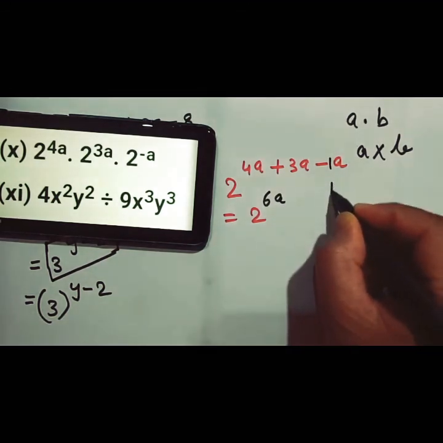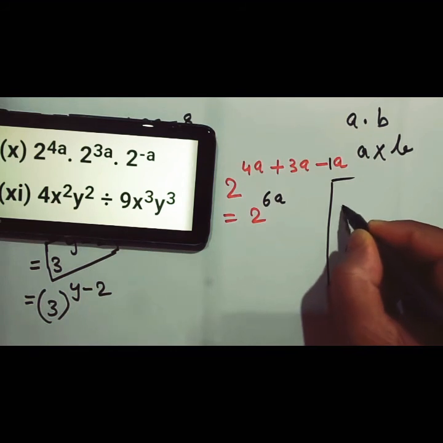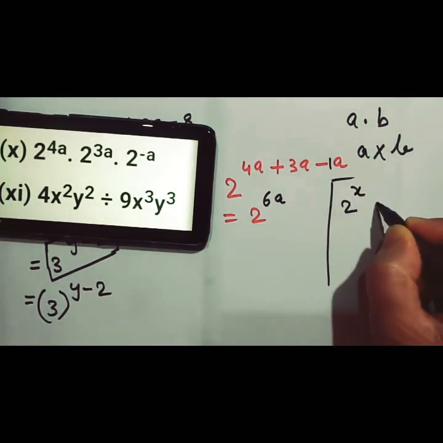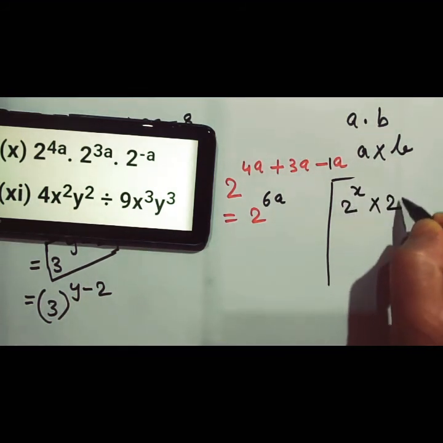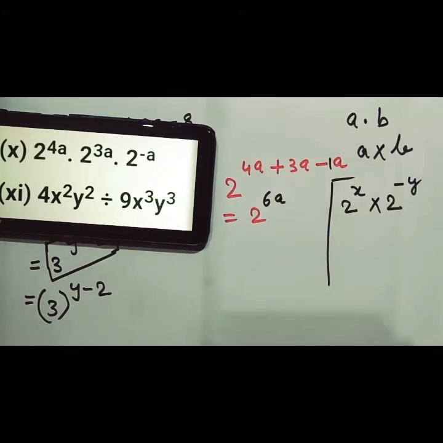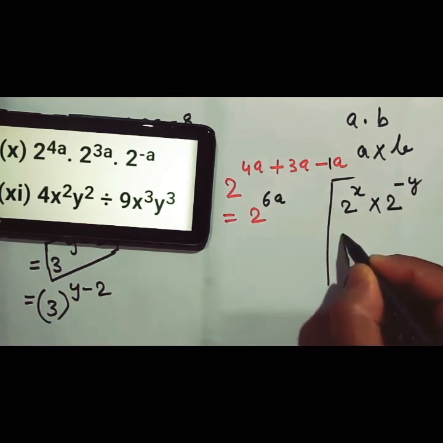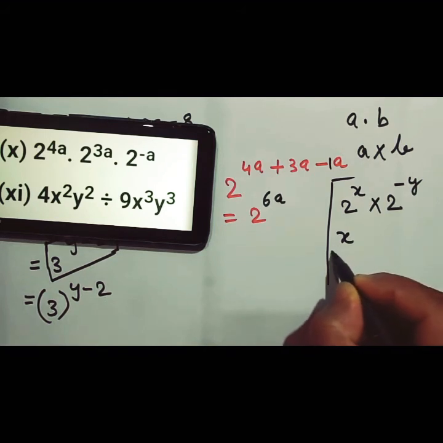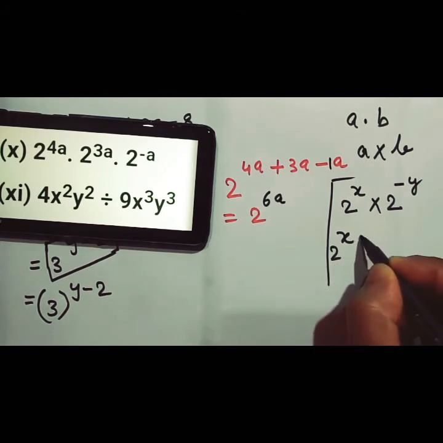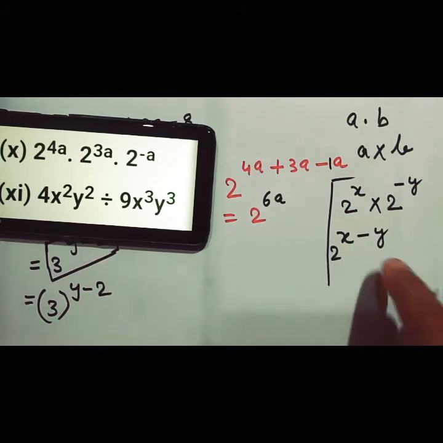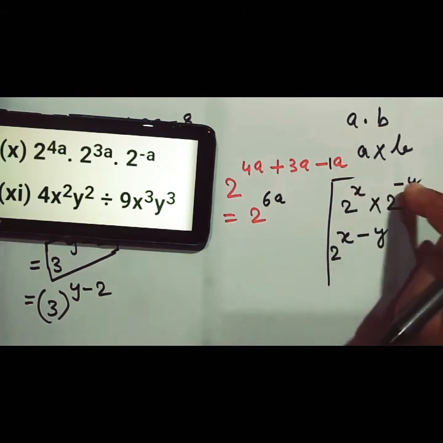My dear, when you get 2 to the power x multiplied by 2 to the power minus y, how do we write it? We write 2 to the power x minus y. Do not get confused over here, because actually we are adding, not subtracting.